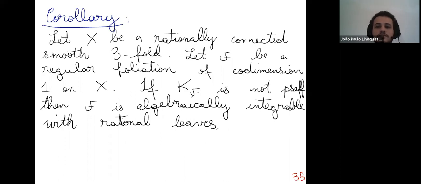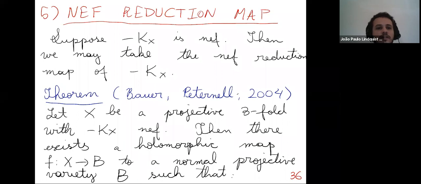We just need to treat now the other case to prove the conjecture. So the other case is when we end up with a foliation with nef canonical bundle. And I wasn't able to show this in general.